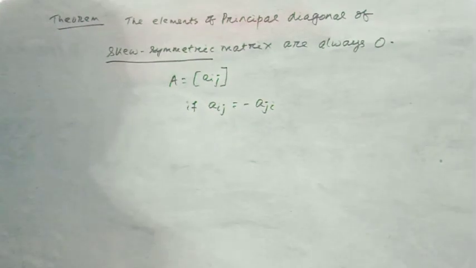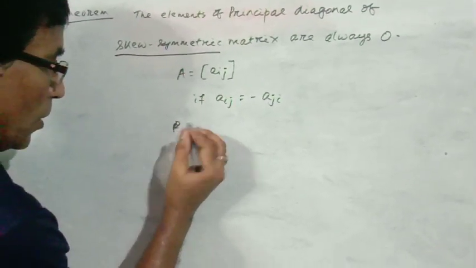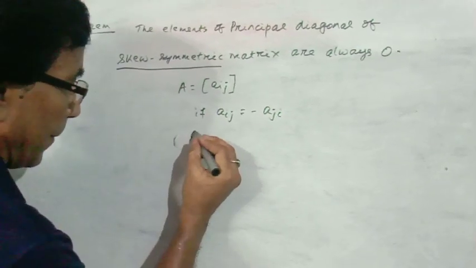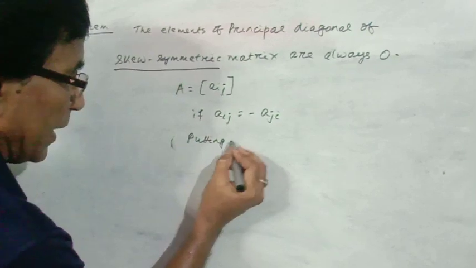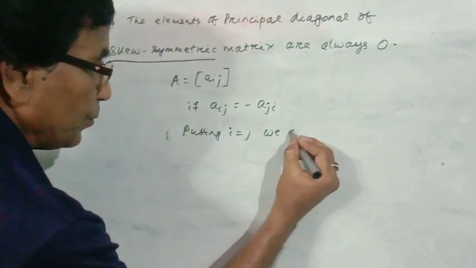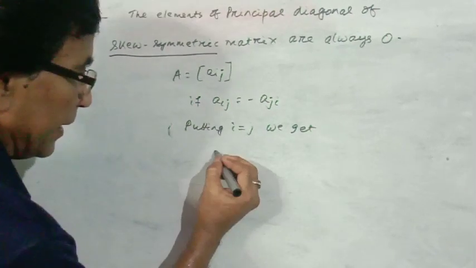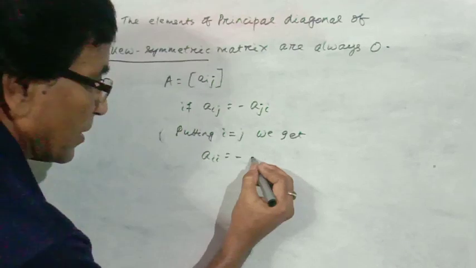So putting i is equal to j, we get that Aii is equal to minus Aii.